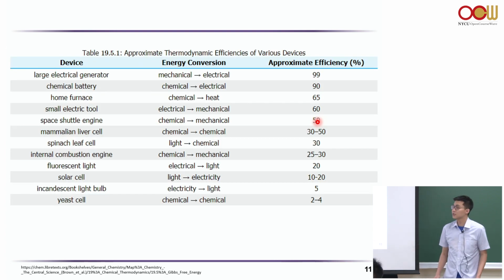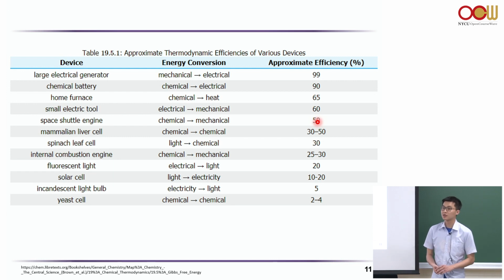So here is a list of energy conversion processes. We know that we can convert mechanical energy to electrical energy by knowing a little bit of electromagnetism. And it can be very efficient. And we can think about chemical battery. The efficiency is about 90, and then the efficiency decreases as you go down. Think about fluorescent light bulbs.